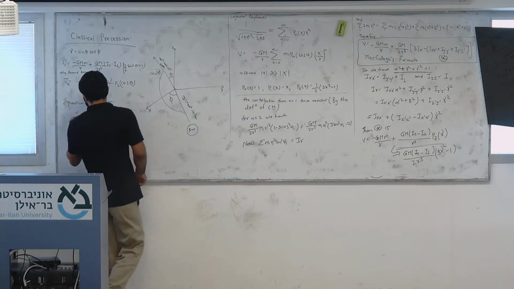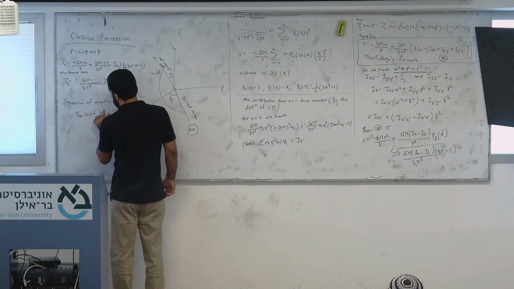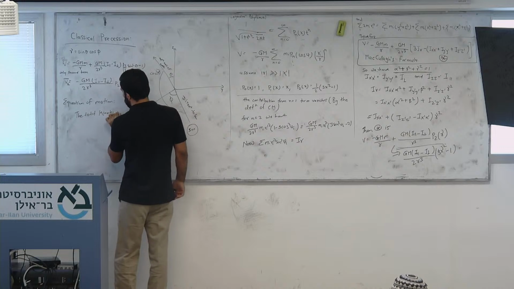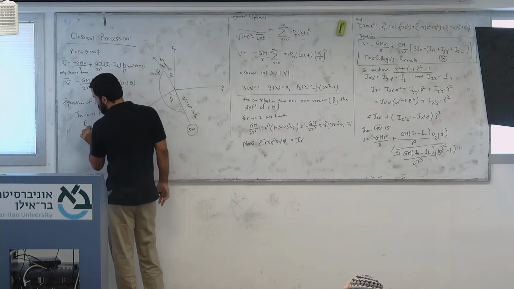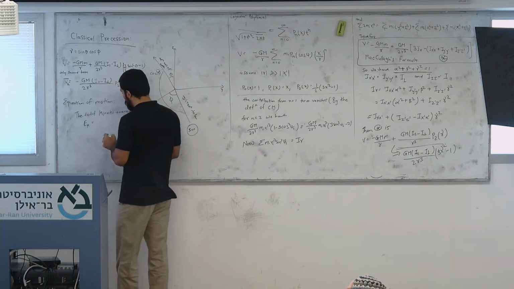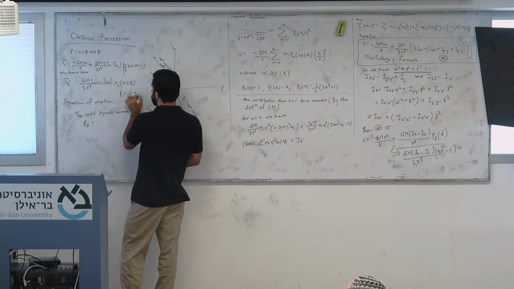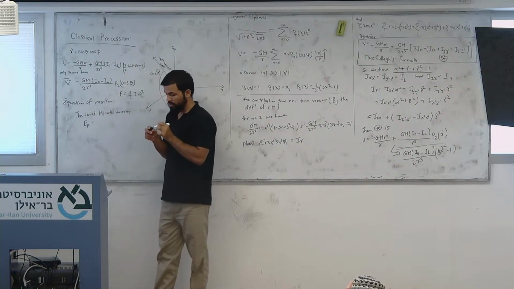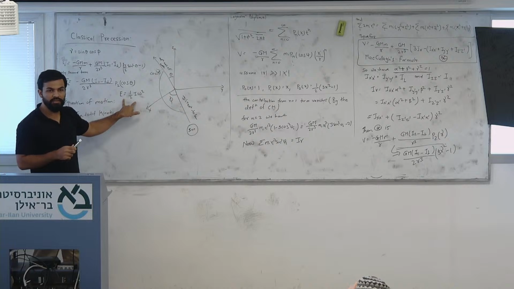Now, what is the total kinetic energy that I can write? E_K, kinetic energy. You know that E is half of I omega square. This was the definition of kinetic energy used for one dimensional motion.